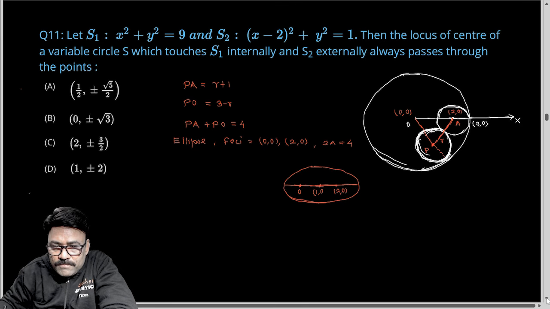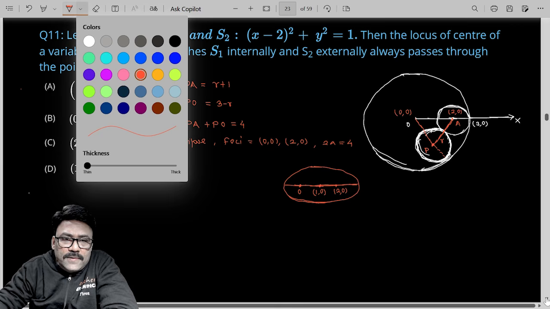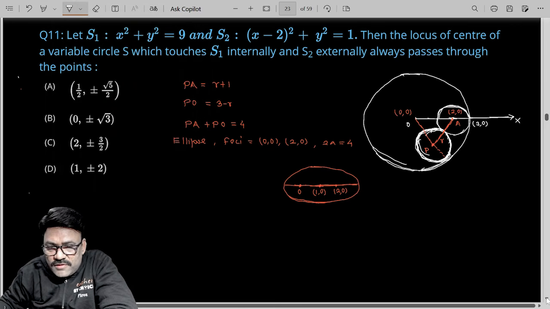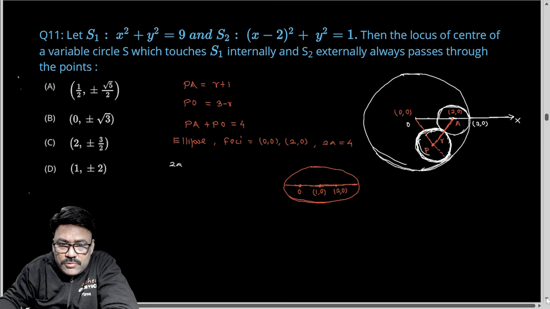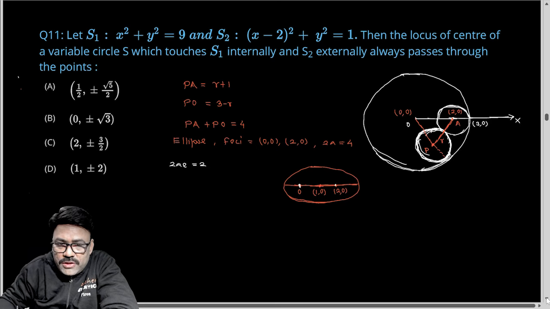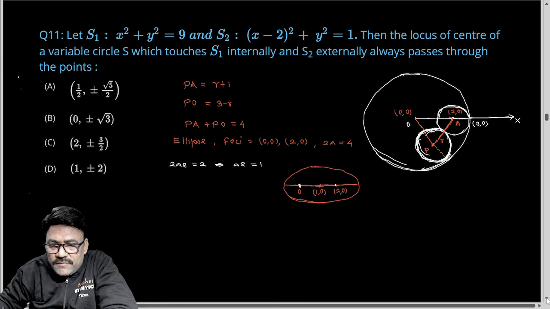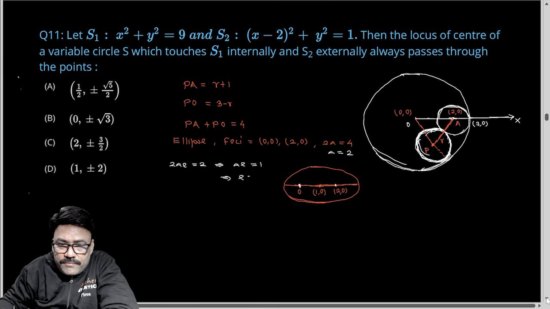And now the distance between foci is 2, which is 2ae. Here a is 2, so e will be half.